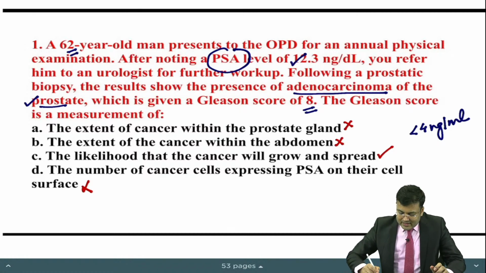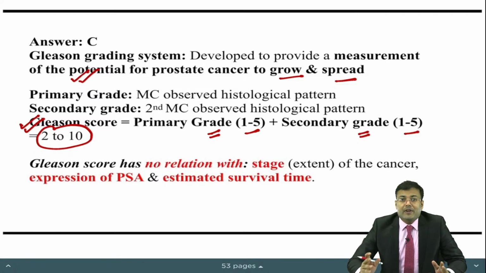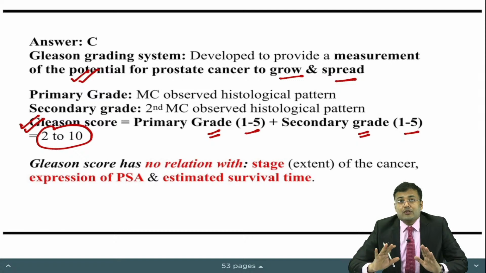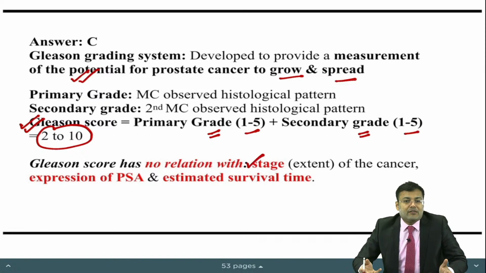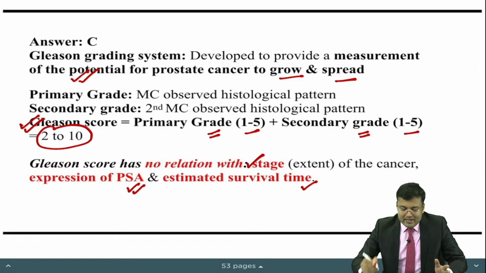So let's discuss a bit about the Gleason grading system. We discussed that there are two grades: the primary grade, score varies from 1 to 5, and the secondary grade, score varies from 1 to 5, but the Gleason score varies from 2 to 10. Gleason score has no relation with stage or extent of the cancer, expression of prostate specific antigen and estimated survival time.